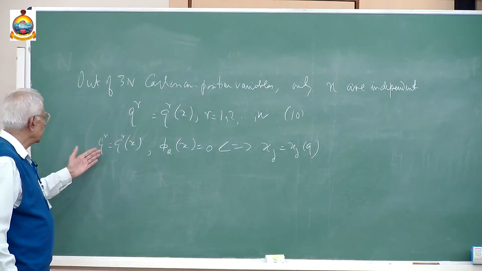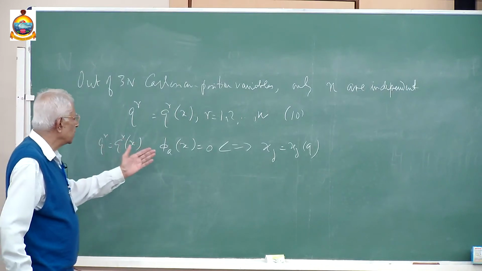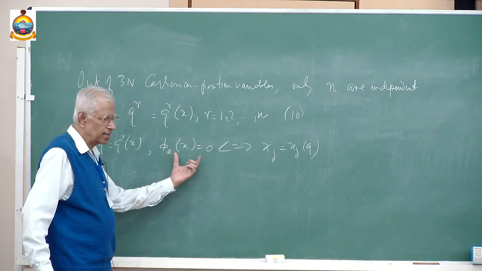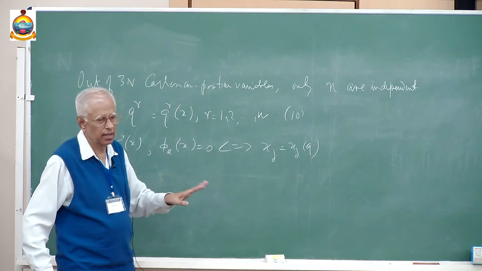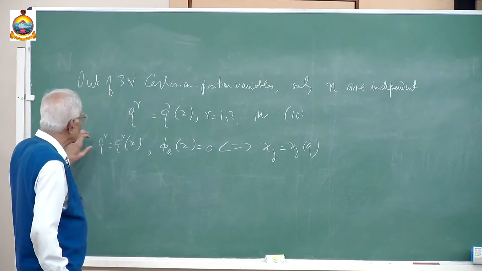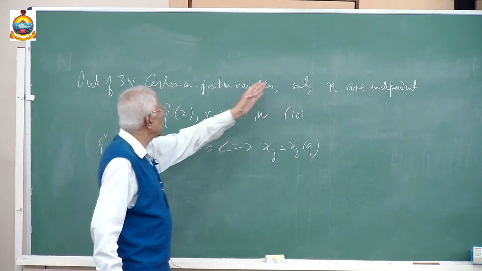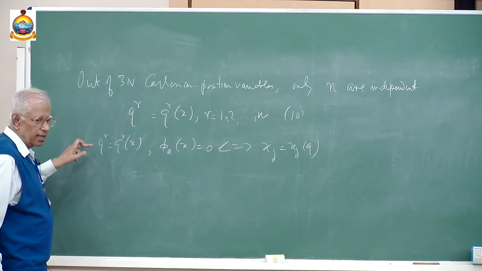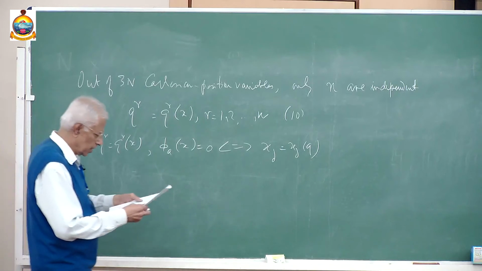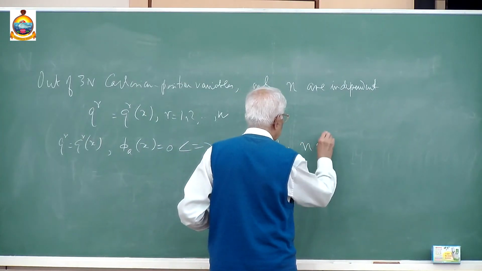If you are given the numerical value of every q, and if you are told that the x's are limited by these constraint conditions, then you know every x numerically. So all the freedom remaining in the possible choices of the Cartesian variables are captured in the definitions of generalized coordinates. So I will write it in this way.